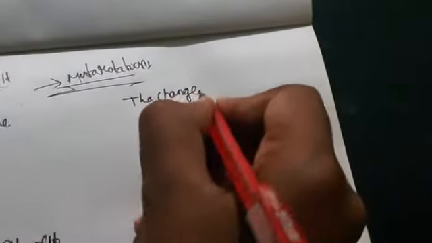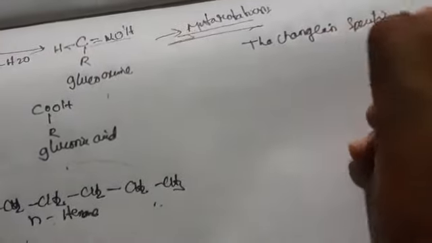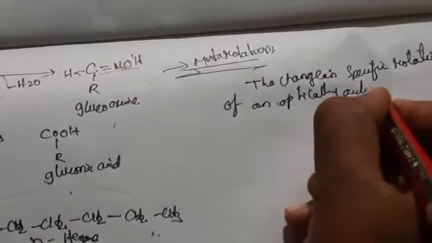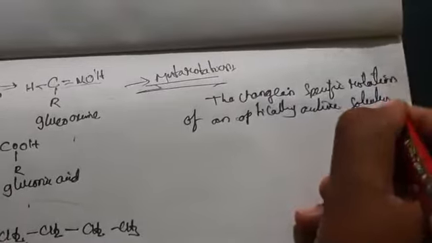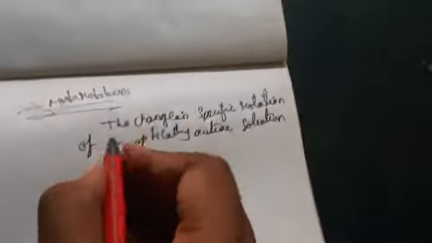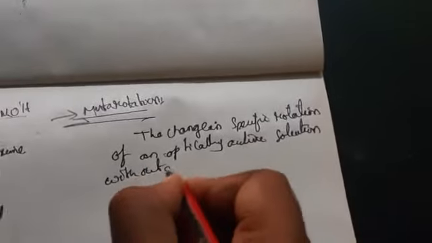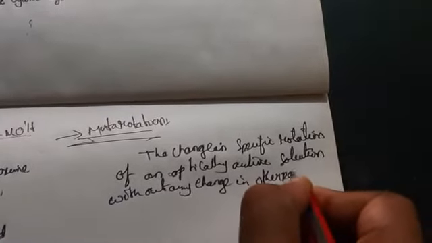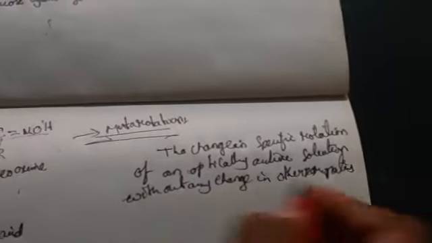What do you mean by mutarotation? The change in specific rotation of an optically active solution without any change in other properties is known as mutarotation.